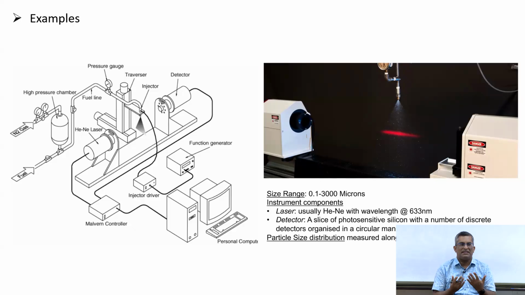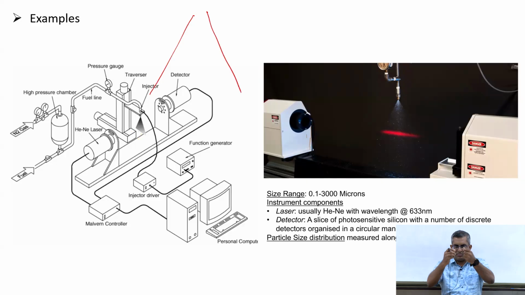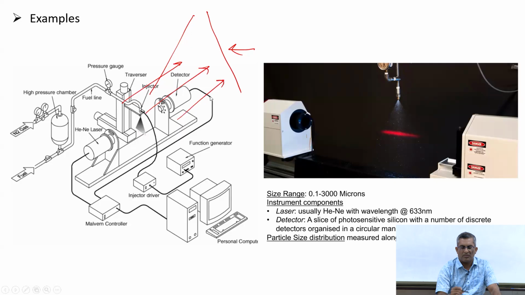Now, imagine there is a flat fan spray as shown here. This is a generic spray they have shown, but a flat fan spray means you have a very thin sheet of spray. If you look from this direction, the thickness is very small. It is like a plane, the droplets come out in a plane. Now, if you use this technique to measure in this direction, you get a good result.